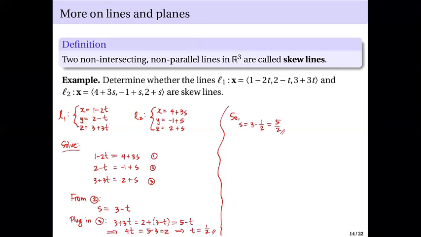Plug in t equals 1 half and s equals 5 halves in equation 1. We have 1 minus 2 times 1 half. Is this equal to 4 plus 3 times 5 halves? Well, on the first here, 2 times 1 half, that's 1. 1 minus 1.